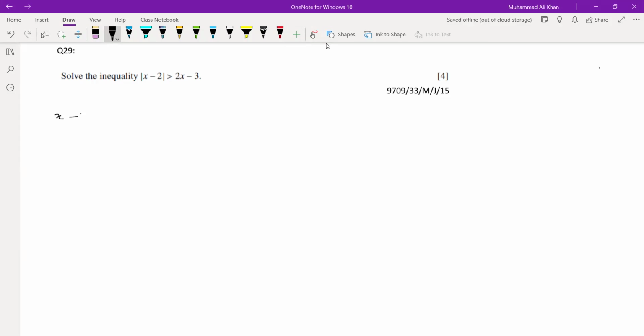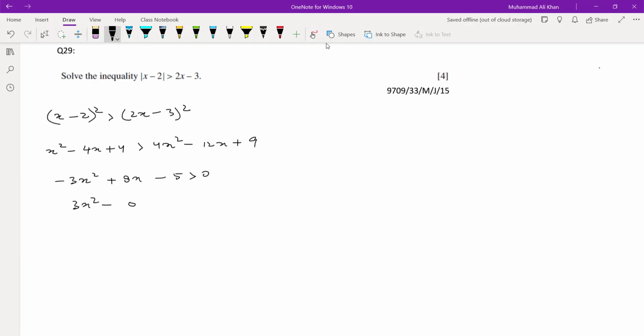So it will be x minus 2 whole squared greater than 2x minus 3 whole squared. a squared minus 2ab plus b squared, a squared minus 2ab plus b squared. x squared minus 4x plus 4, minus 4x squared plus 12x minus 9. x squared minus 4x squared is minus 3x squared, minus 4x plus 12x is plus 8x, 4 minus 9 is minus 5. x squared को पॉजिटिव कीजिए: 3x squared minus 8x plus 5 less than 0.